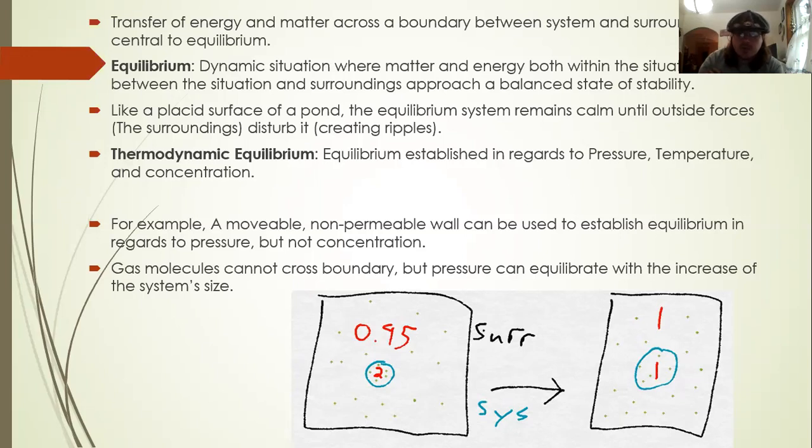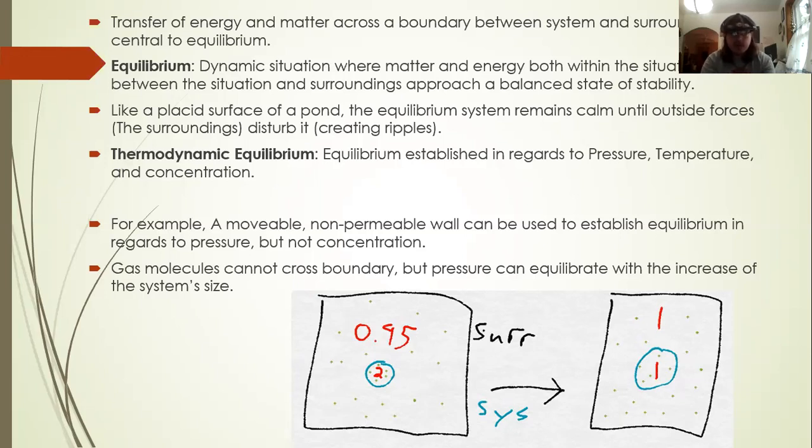Thus create these ripples, and equilibrium shifts until it calms down again. So equilibrium happens a lot of different ways, but a lot of times we're going to talk about thermodynamic equilibrium. So pressure, temperature, and concentration are going to change until equilibrium is reestablished and we don't see any transfer of matter and energy.